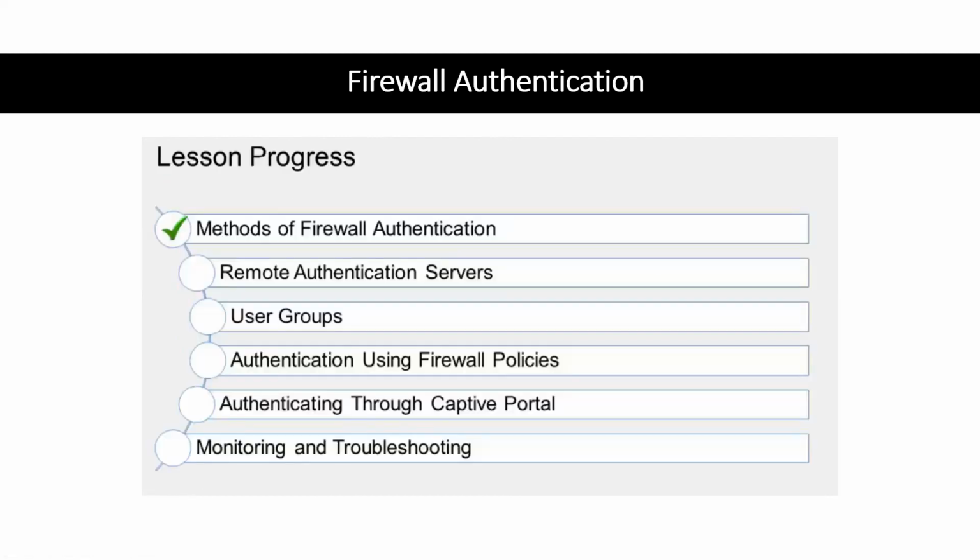With that being said, we have completed methods of firewall authentication. Now I'm going to ask you guys 2 questions, like we always do, to review what we went over. Question 1: which firewall authentication method does FortiGate support? Is it A, local password authentication, or B, biometric authentication? A, local.